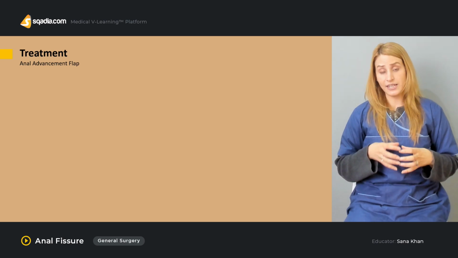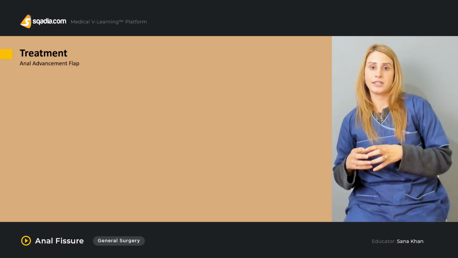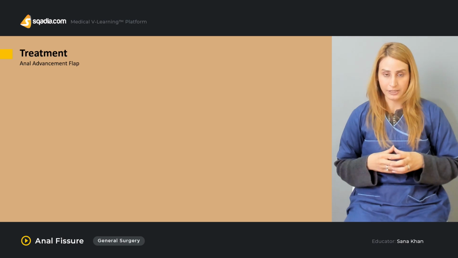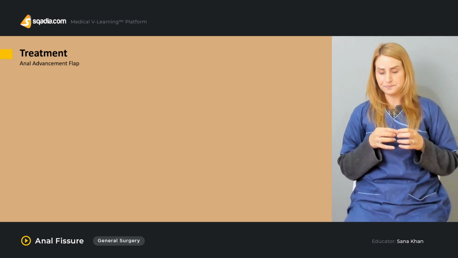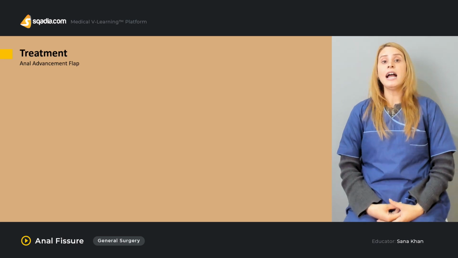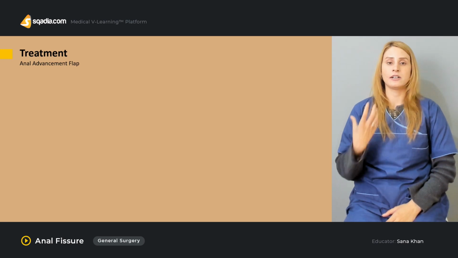Obviously a defect would be created, and if you use advancement flaps, the defect can be covered.